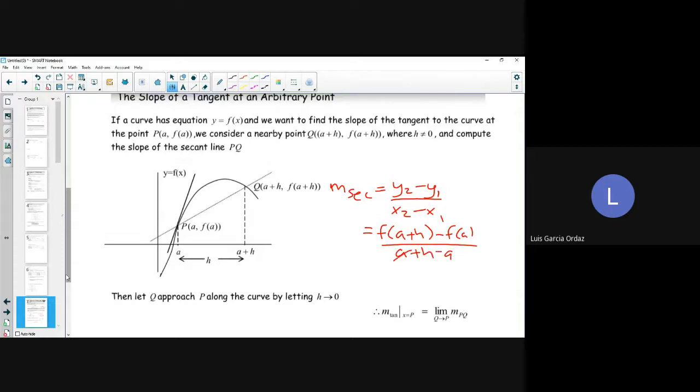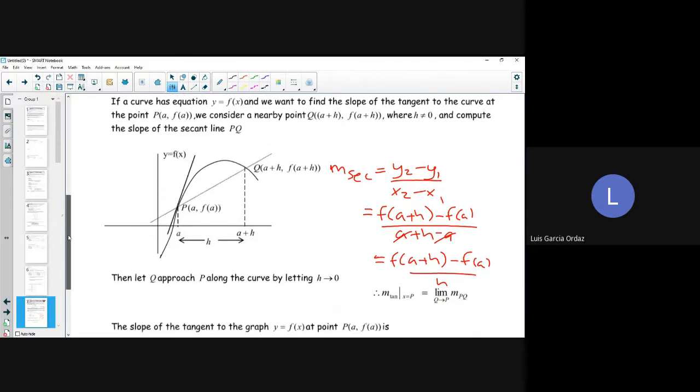This is how we derive the difference quotient, and we get f of a plus h minus f of a over h. This is what we're going to be using most of the time. Again, remember that we're going to be using a plus h and f of a.